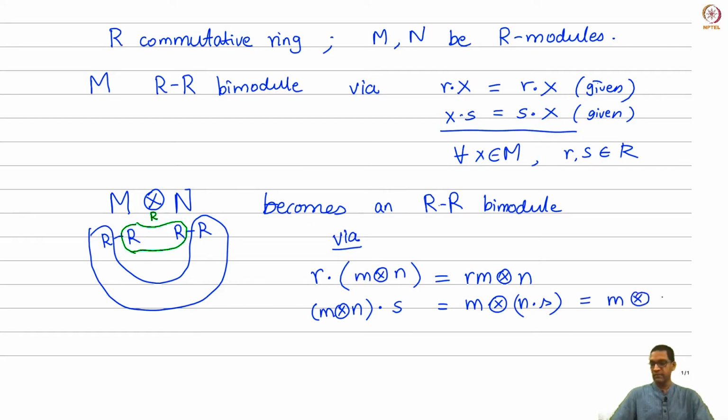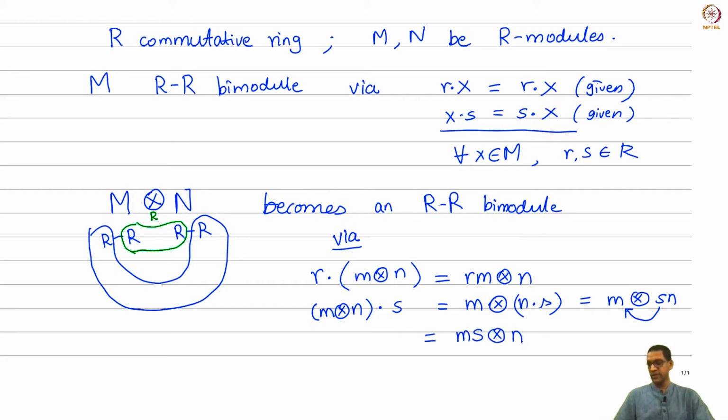So this is just m tensor sn. Okay, but the point now is that this tensor product operation is R balanced, which means that if I have a scalar on that side, I can bring it past the tensor product to the other side, right? So what this gives me is just ms tensor n.